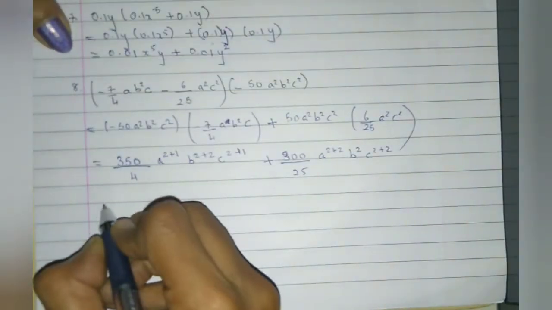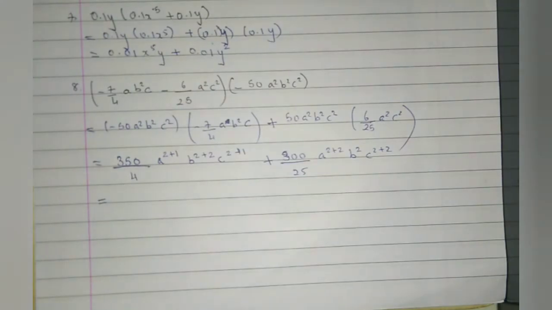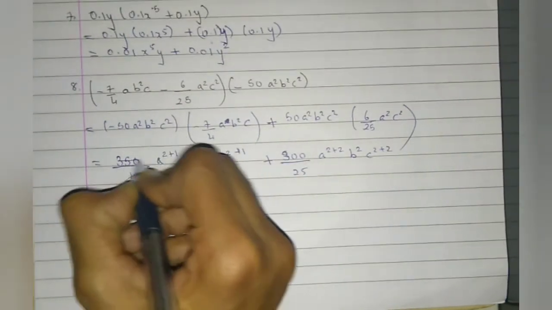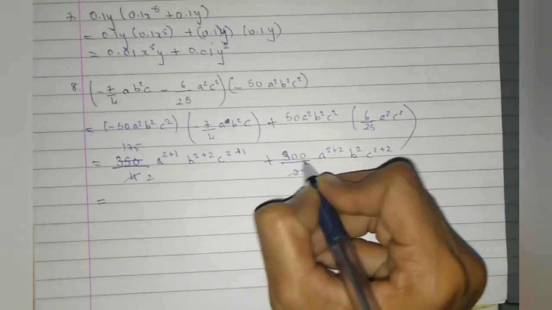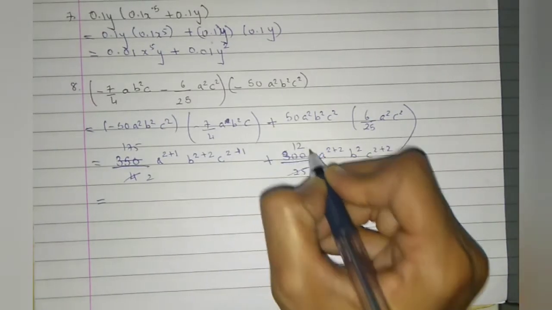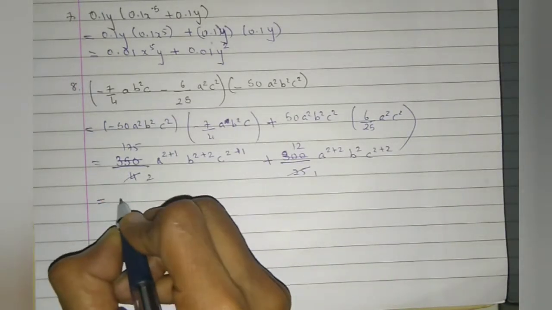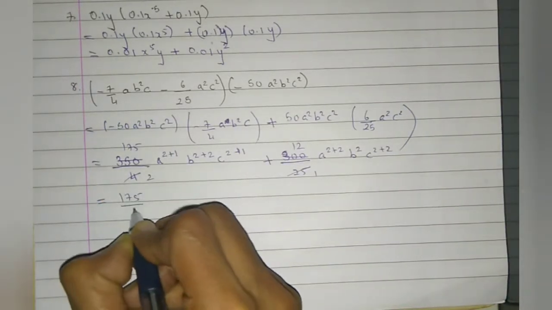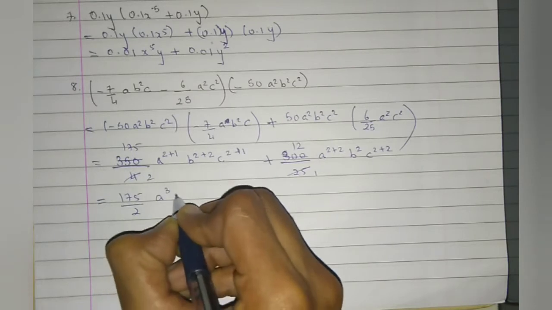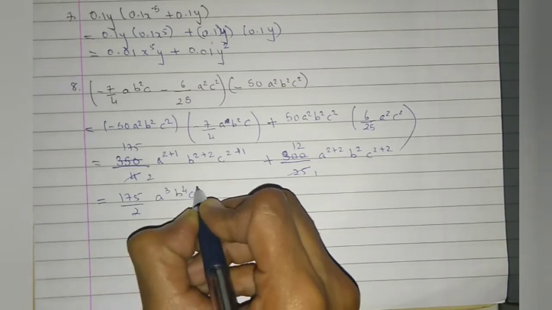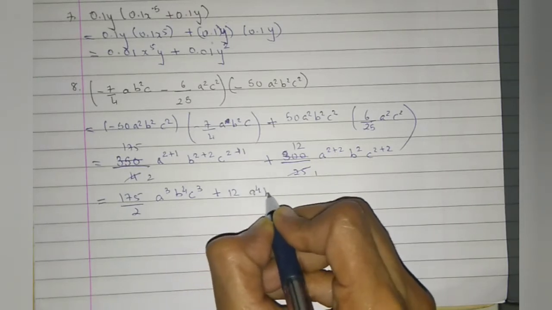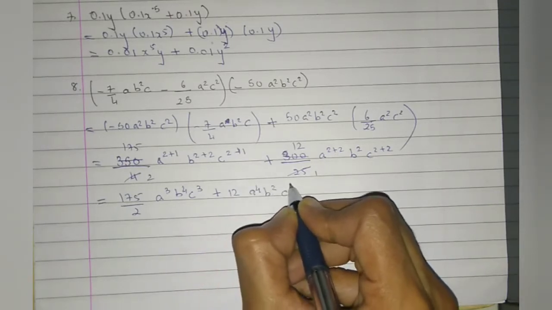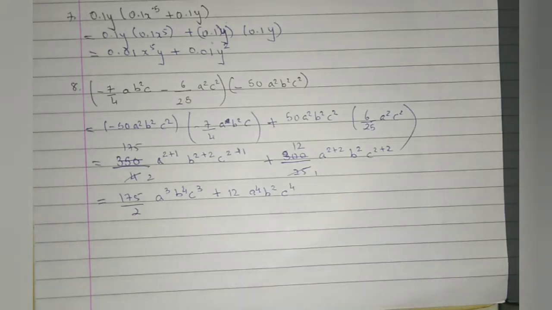So it is equal to, here 2 twos are 4, 175 upon 2, 25 ones are 12, 12s are 300. So 175 upon 2, a raised to 3, b raised to 4, c raised to 3 plus 12, a raised to 4, b raised to 2 and c raised to 4 is the answer.